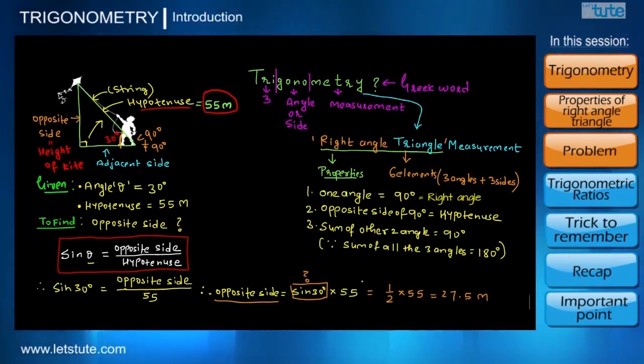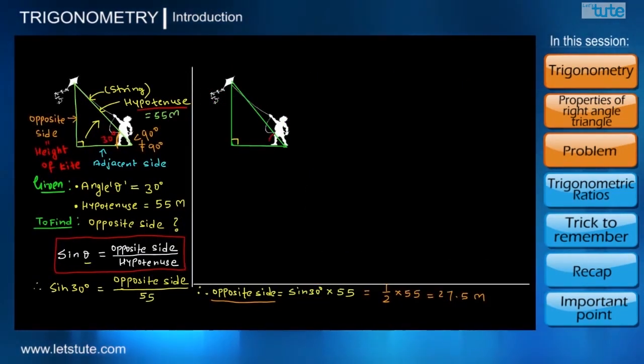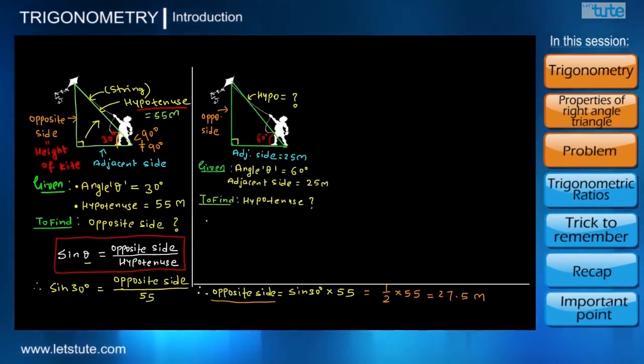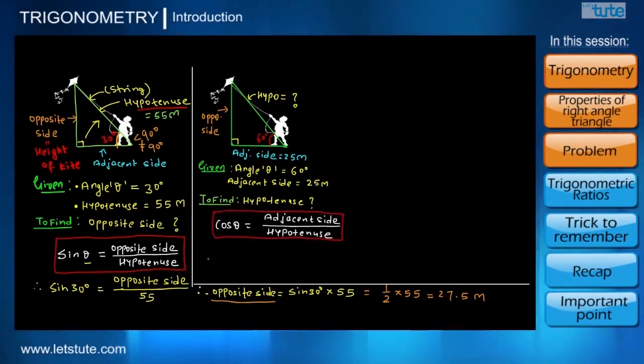Suppose we have a different case where we are given the angle of 60 degrees and we know the adjacent side, that is the distance on the ground, and I want to know the length of the string, that is the hypotenuse. So in such types of cases where we are given angle theta and the adjacent side and we need to find out the hypotenuse, we use the formula cos theta is equal to adjacent side upon hypotenuse.